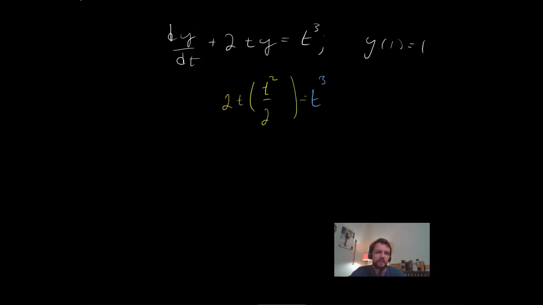But the difficulty here is this derivative, right? So I would also have to include on this left-hand side the derivative of whatever's in there. So right now, the derivative of t squared over 2 would be 2t over 2. So here's the thought. Is there something I could stick in here that would go away?